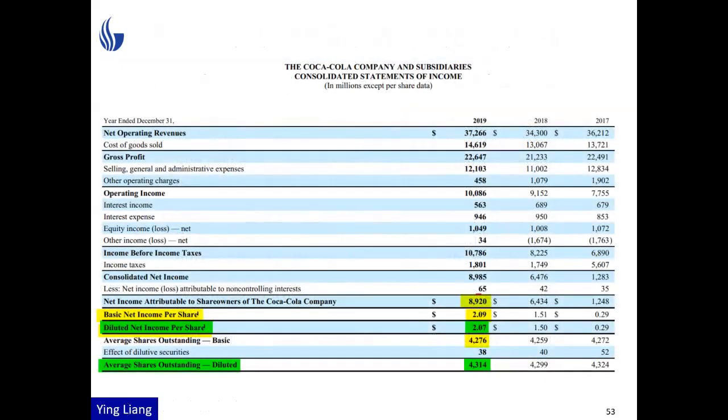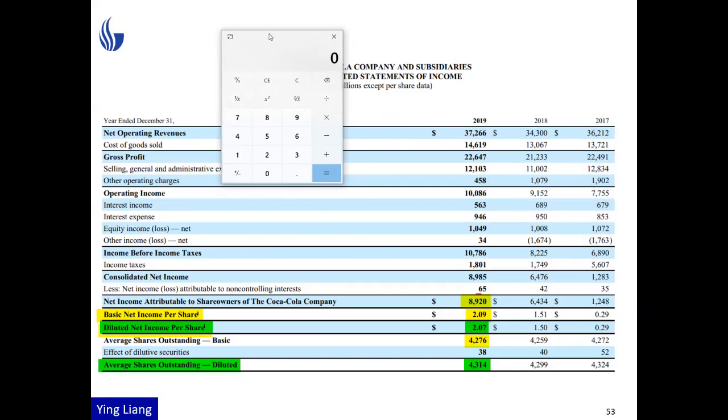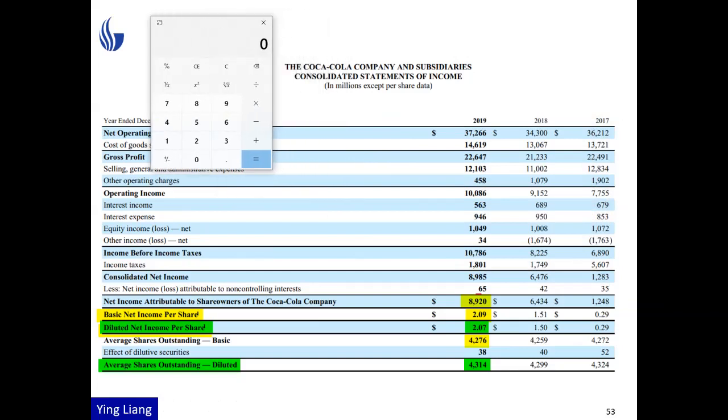Now let's do a quick exercise. If we look at Coca-Cola, right? Now I highlighted this basic net income EPS, which is 2.05. Now below this basic and diluted, what do we have? We have a bold line called average shares outstanding, and it is for basic. And we also know that, in 2019, the net numerator for EPS is 89.20. Now let's see whether that's the case.